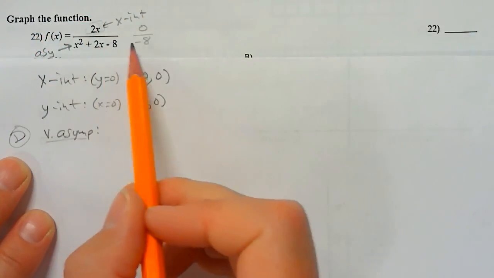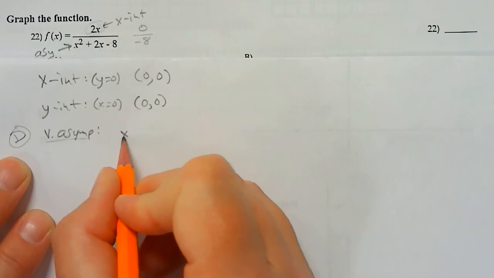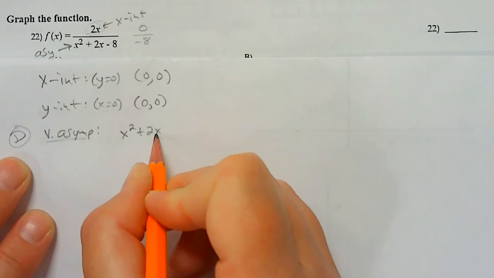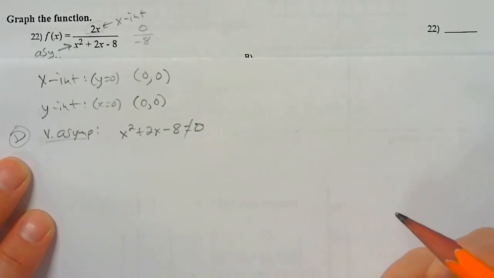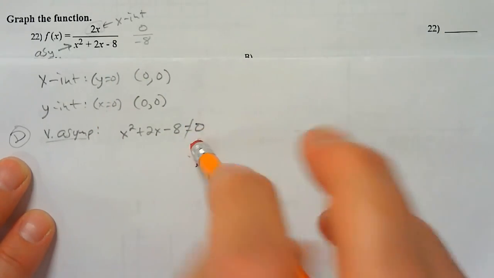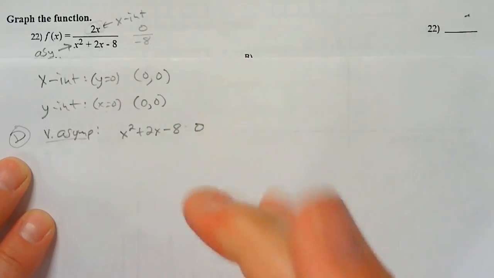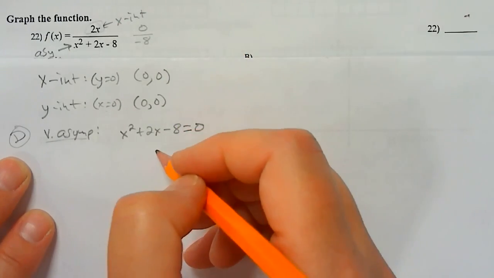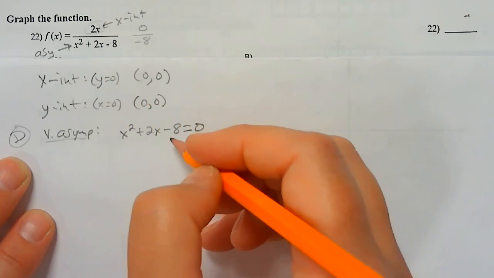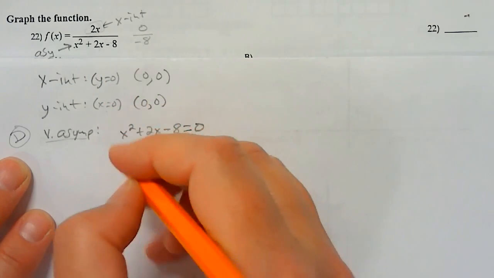Now my vertical asymptotes come from the denominator. So I have to set x squared plus 2x minus 8 equal to 0 and say I don't want to include that in my domain. But my asymptote will actually be that. So it'll be out of my domain, but it'll be a graphable asymptote. So let's solve that. Let's see, -8. I'm going to try factoring.